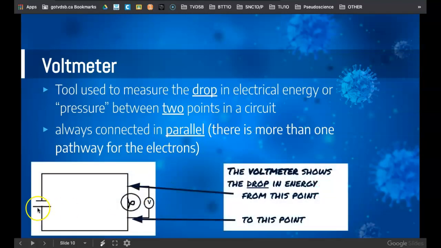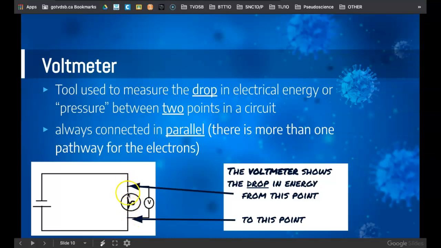And if we look at a circuit diagram here, we've got our battery, we've got our light bulb, and this symbol V is for voltmeter. And you'll notice that the V has one wire here and one wire here. And the reason for that is a voltmeter will test or check the voltage of electrons here, and it'll check the voltage of electrons here, and it'll subtract the two.